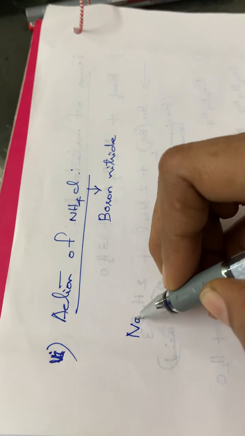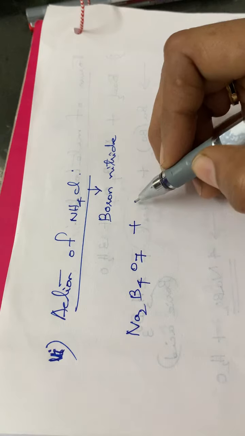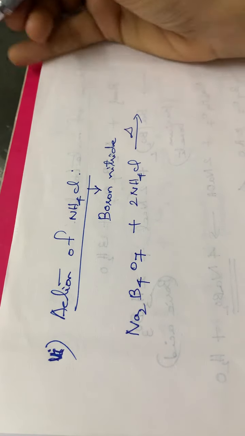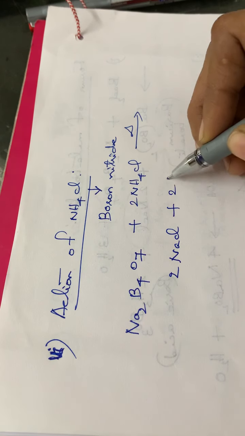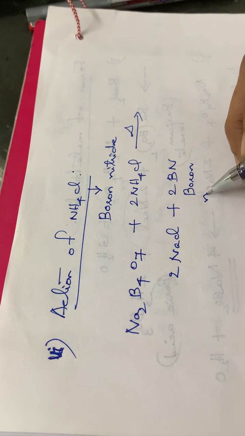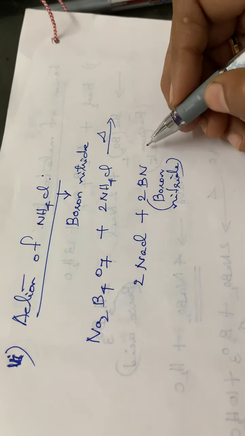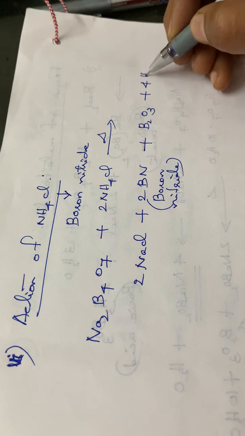So again the reaction: Na2B4O7 plus 2NH4Cl on heating gives 2NaCl plus 2BN. What is BN? BN is boron nitride, plus B2O3 plus 4H2O.